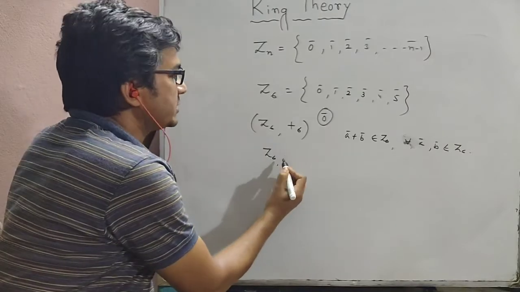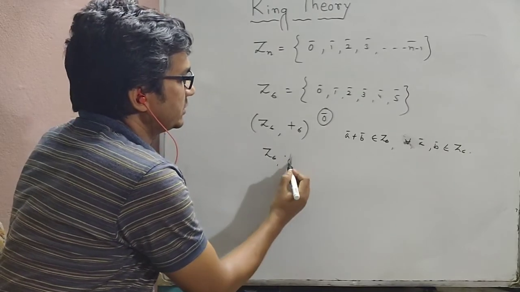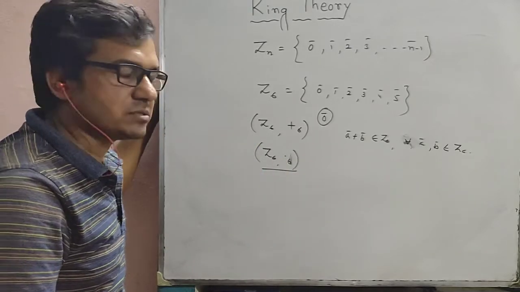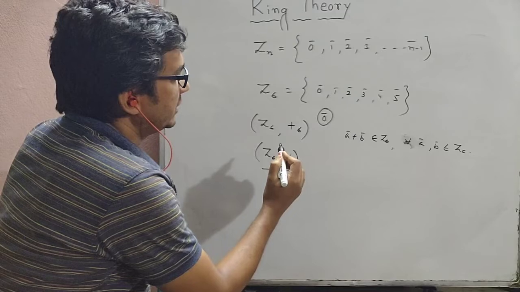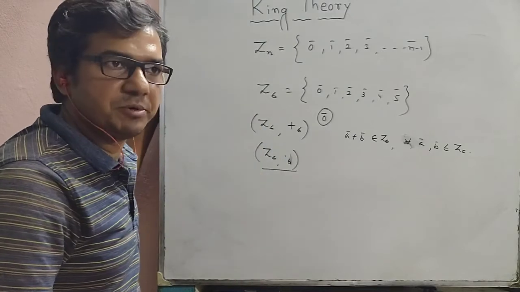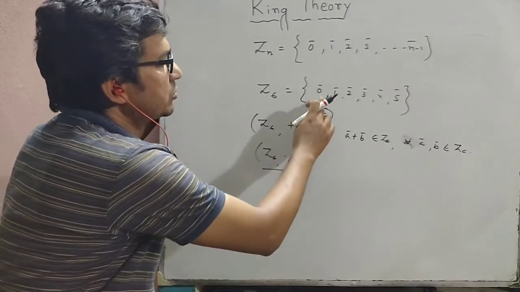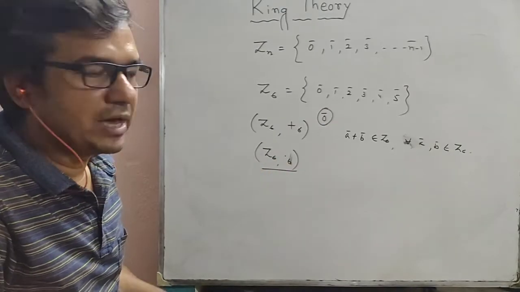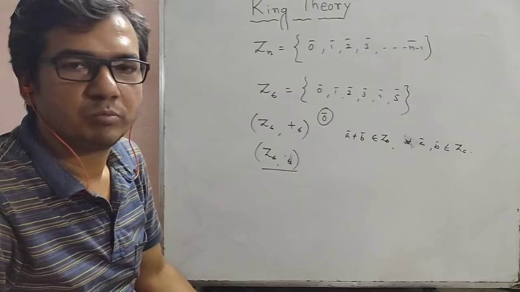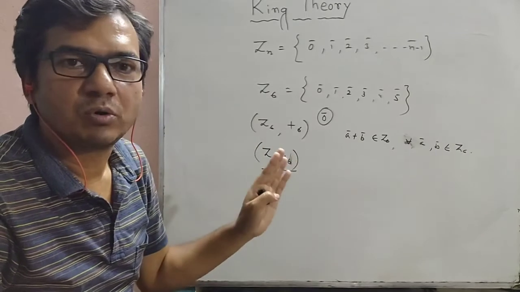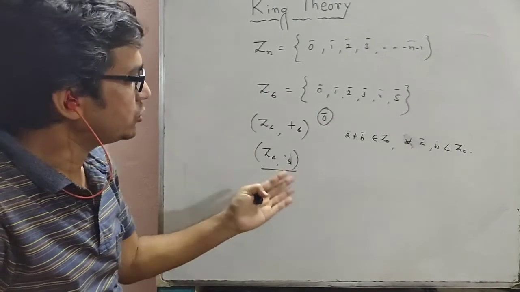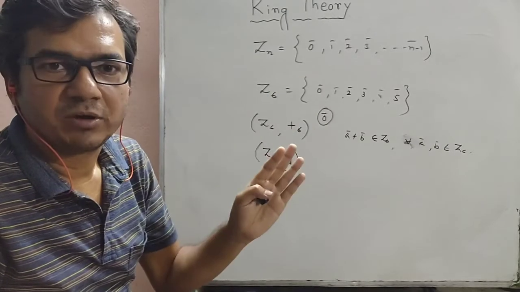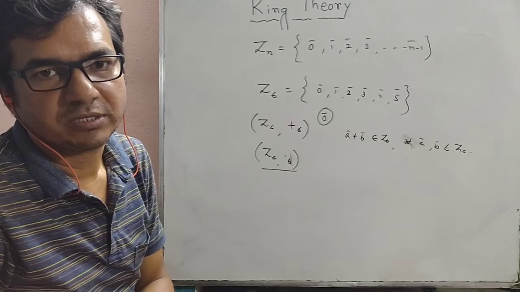Also Z6 with dot 6, that is multiplication modulo 6, is a semigroup, because this is closed under multiplication modulo 6, and it always holds the associative property, and also satisfies the distributive property.